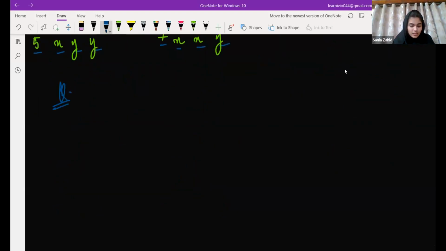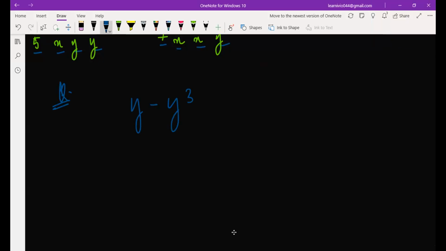You have y minus y cube. Okay, both of you do this. Razan, you have to tell me the answer for this. So do it carefully. Ma'am, is it minus or minus Y? Look here, Razan. What do you see here?